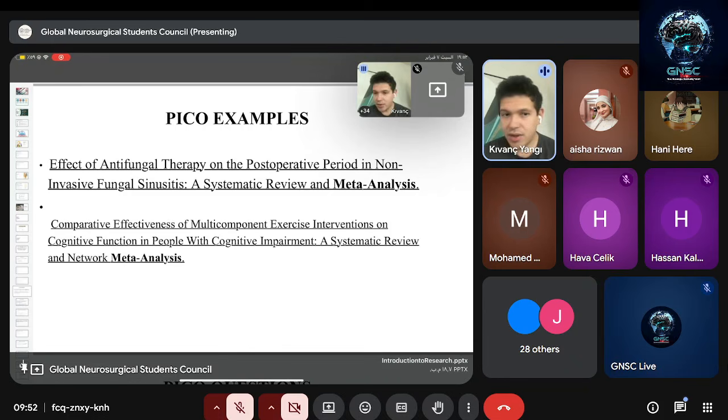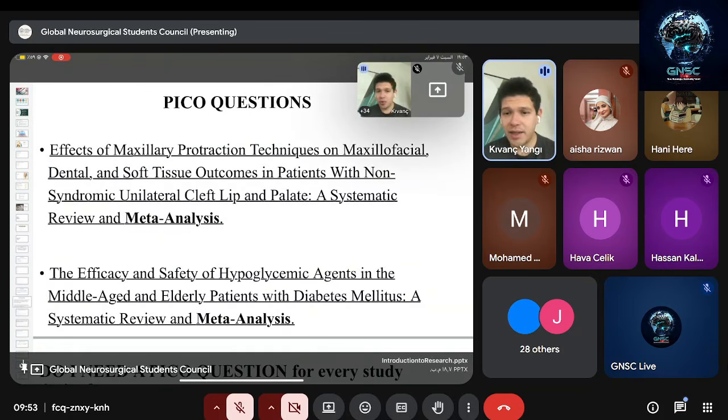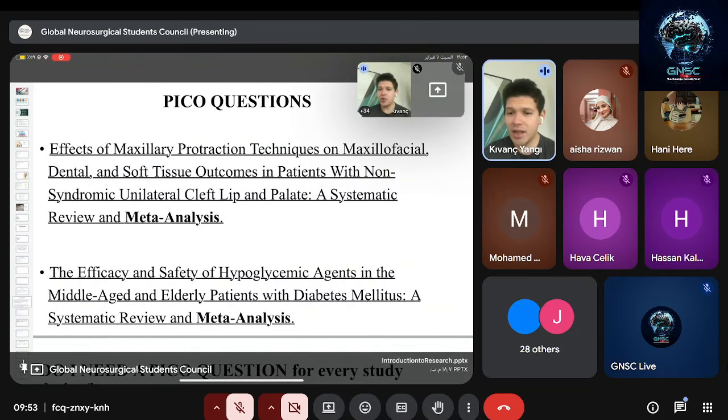Your I, your intervention, is multi-component exercise interventions. Okay? Your C group is the group who did not get multi-component exercise interventions. Your outcome will be the cognitive function. Next slide. And a correctly formulated PICO question also gives you a title for your article. Keep in mind that. Okay, these are more examples. Next slide, please.